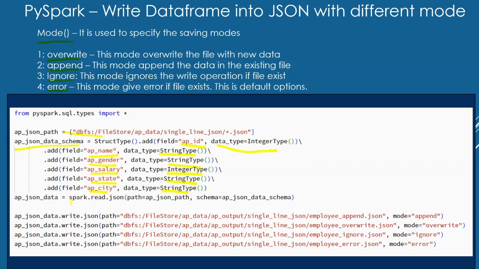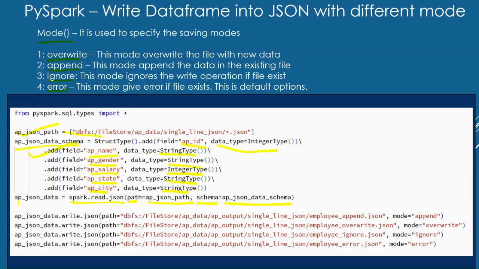We are reading the JSON file with the help of the spark.read.json function by passing the path parameter. The value of the path parameter is ap_json_path, which we have defined here. It contains the location of the JSON which we are going to read. We are passing this custom schema which we have defined here as the value of the schema parameter.